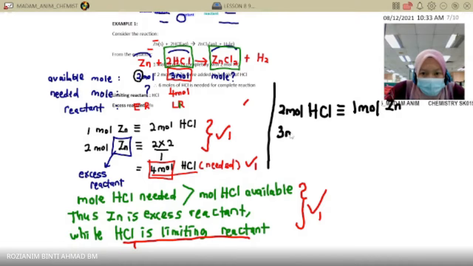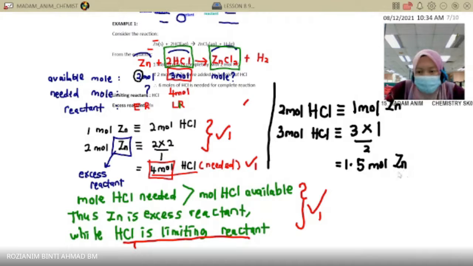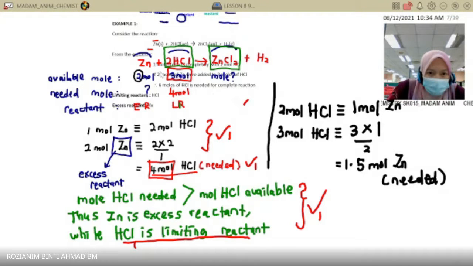If 3 mol hydrochloric acid, saya boleh cari mol for zinc, darab silang lah. 3 darab 1 over 2, kita akan dapat dekat sini 1.5 mol zinc. Automatically inilah mol needed untuk zinc. So, bila kita pindahkan dekat sini, mol needed dia akan jadi 1.5.